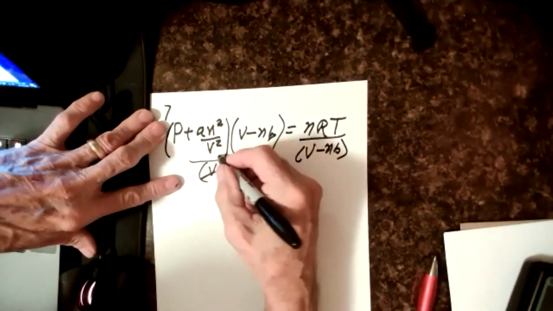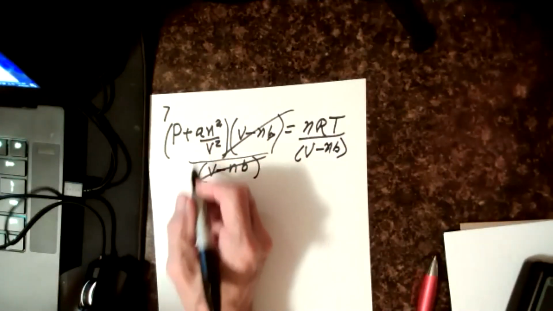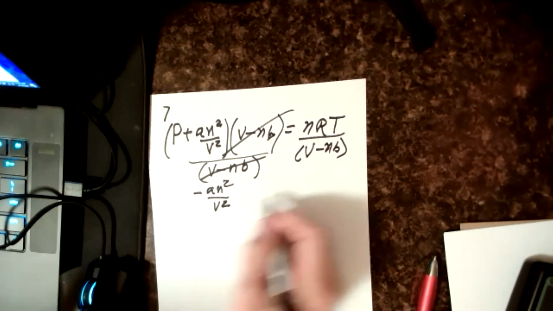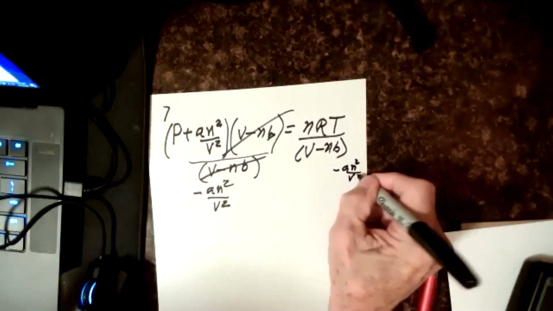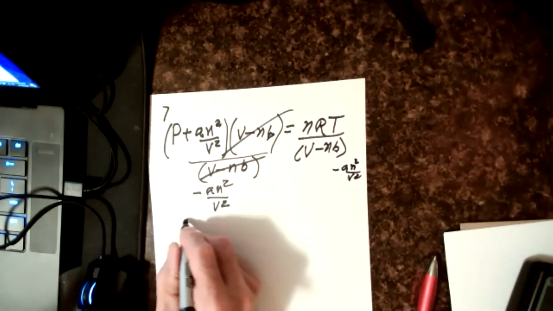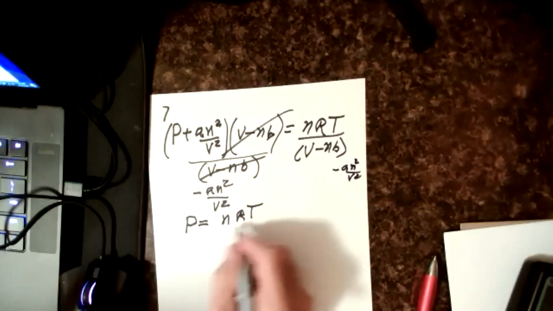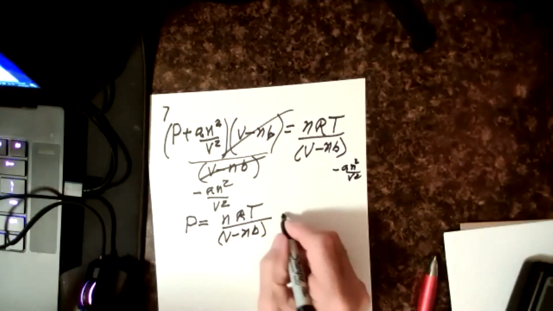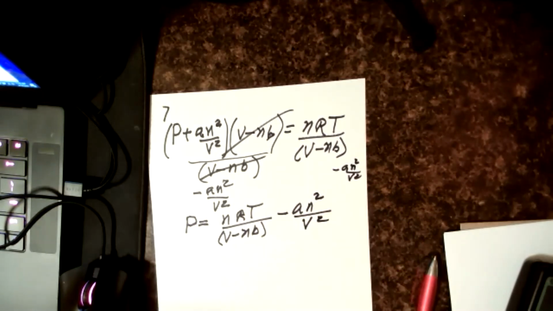Now I want to get rid of the a n squared over V squared, so I'm going to subtract it from both sides. Now I've got pressure by itself. Pressure is going to be nRT over V minus nB, minus a n squared over V squared.